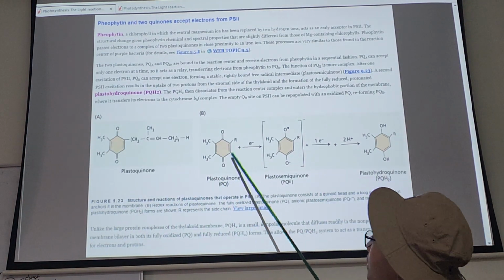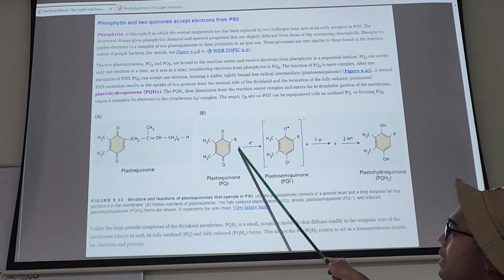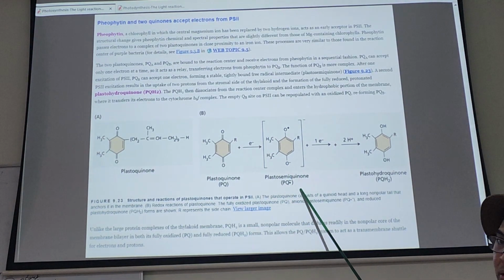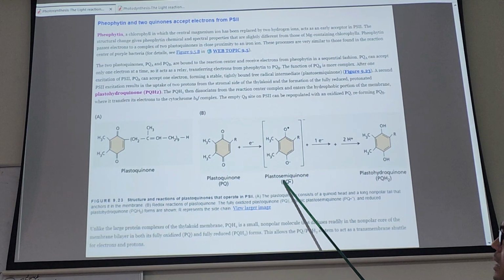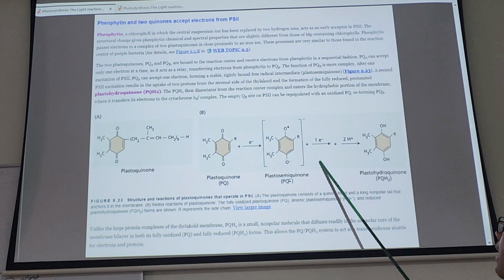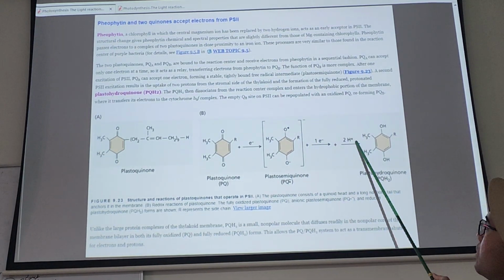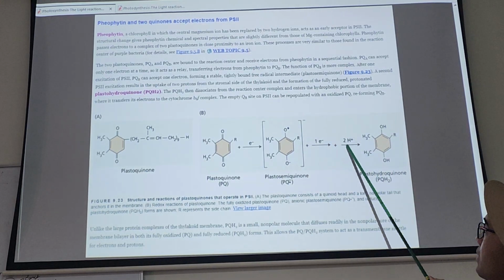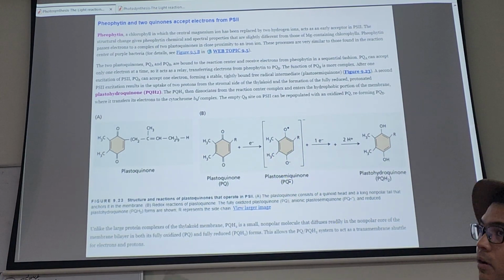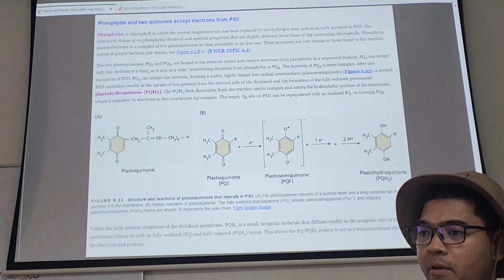So plastoquinone, the oxidized form, the moment it receives one electron, it becomes plastosemiquinone. And that's how you write it, PQ dot with a negative sign. Then when you add one more electron to it, with the presence of two hydrogens, we know this electron comes from the ejection of the chlorophyll molecule before it.